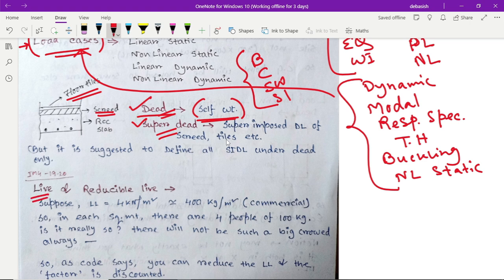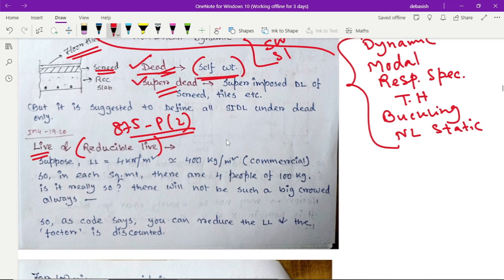This load we can consider with the help of IS 875 part 2, and reducible live also. Sorry, part 2, not part 3. IS 875 part 2 is for the live load, where different types of live load are mentioned for residential as well as commercial buildings.